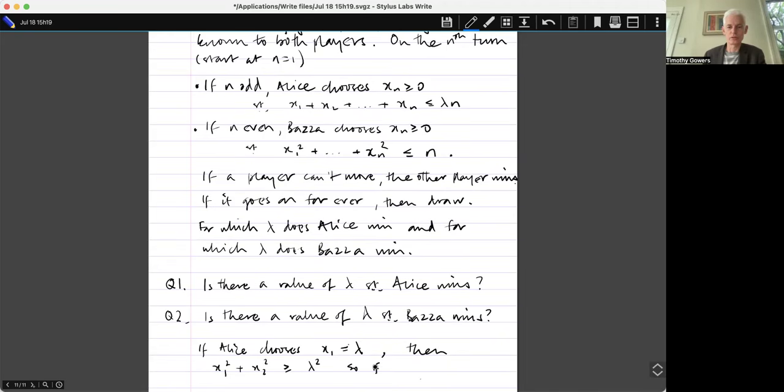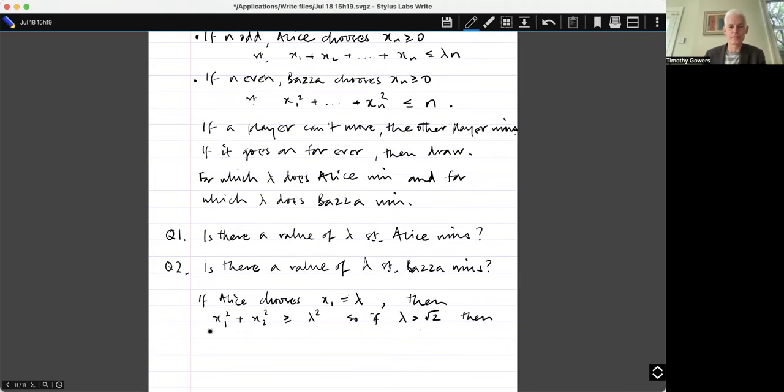So if lambda is greater than root 2, that's what I should have said before, then Alice wins. Right, I'm on a slightly better footing. So the answer is still yes, but the range of lambdas for which I have proved that Alice has a winning strategy is actually lambda greater than root 2.